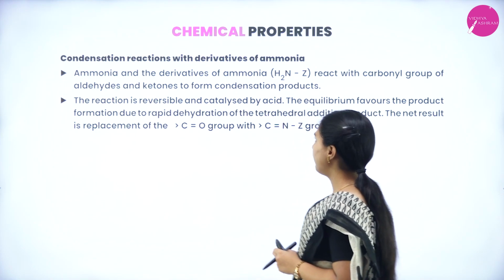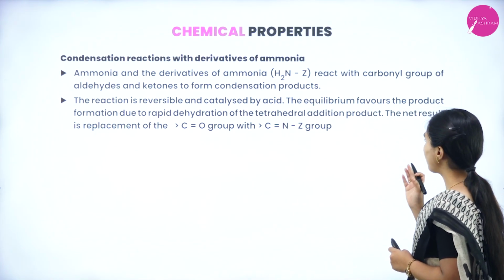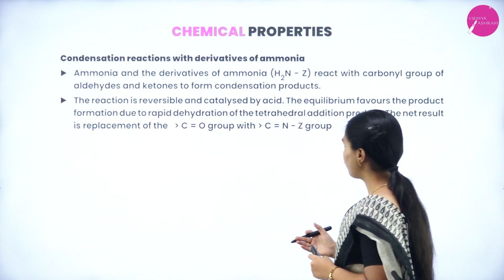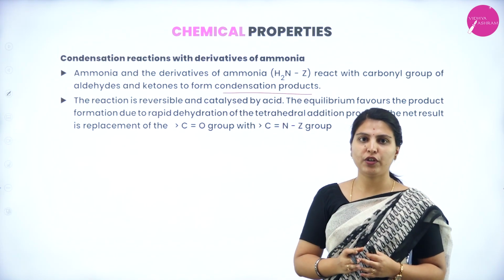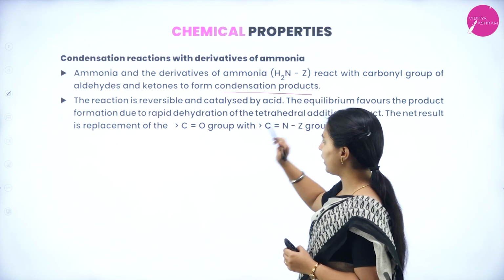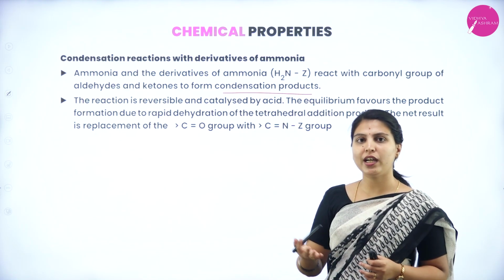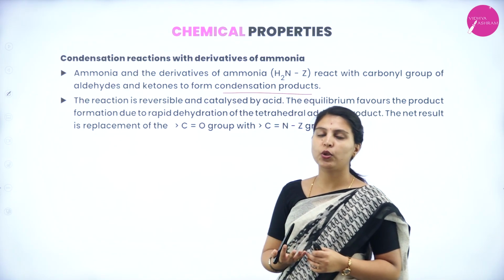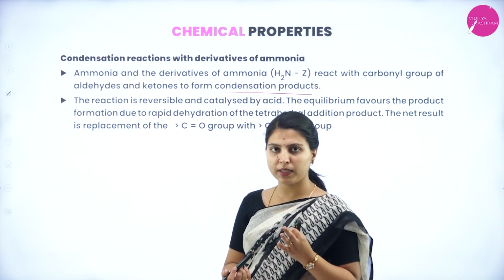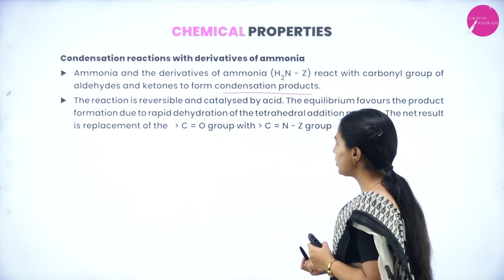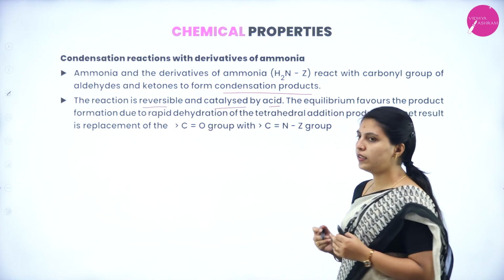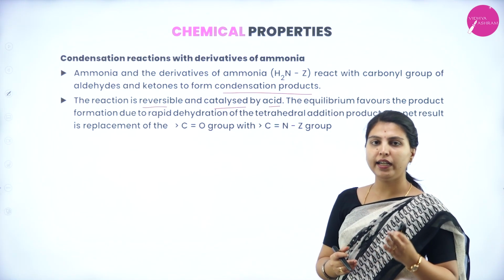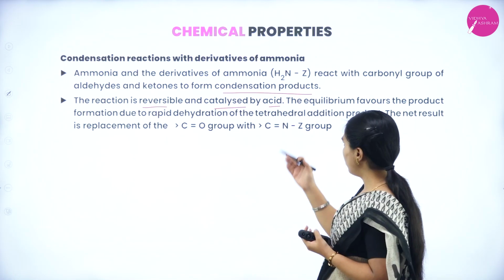Condensation reactions with derivatives of ammonia. Ammonia and its derivatives react with the carbonyl group of aldehydes and ketones to form condensation products. Ammonia means NH3, and its derivatives react with the carbonyl group of aldehydes and ketones to form condensation products. The reaction is reversible and catalyzed by acid.